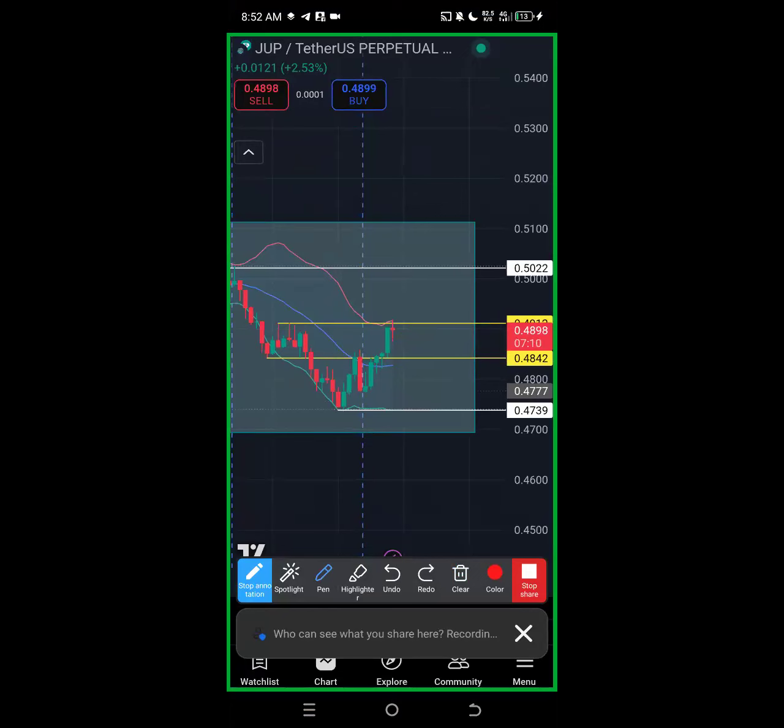So there is already a reaction zone here, which in this case is a resistance based on price reaction around this area. So we also consider this as a key price reaction zone. So we also have another reaction zone here, which in this case is our support, because we are basing on what happened here in the course of the other movement, right?